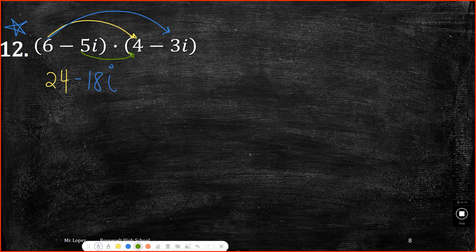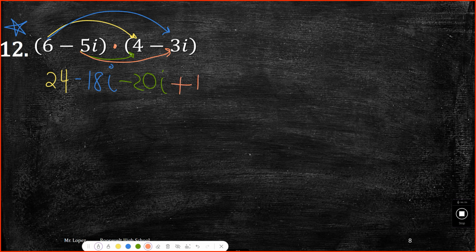Negative 5i times 4? Negative 20i. Negative times a negative is a positive.